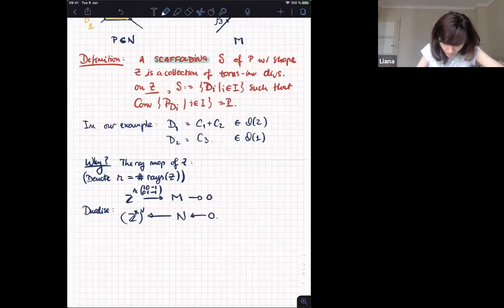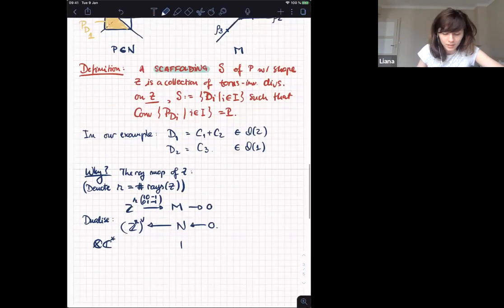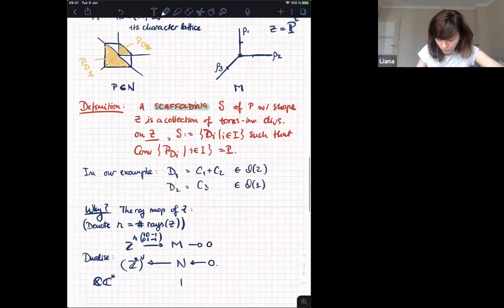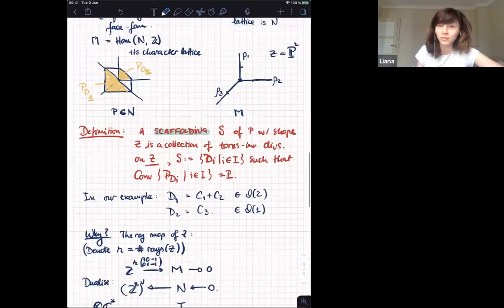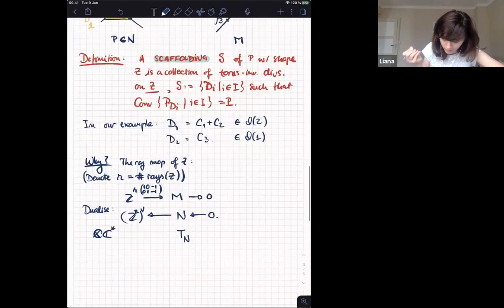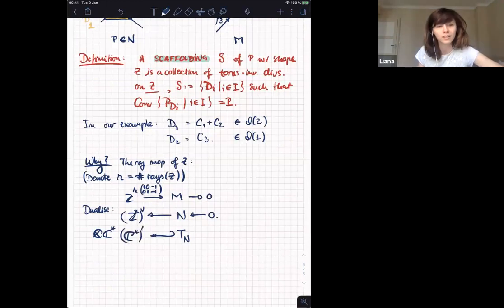Okay, so now if you want to tensor with C star, N tensor with C star is for us C star to the 2, indeed the torus associated to the lattice N, which is the dense torus that lives inside of XP, which is the variety we care about. So this dense torus injects into C star to the R, again, whoever this is.